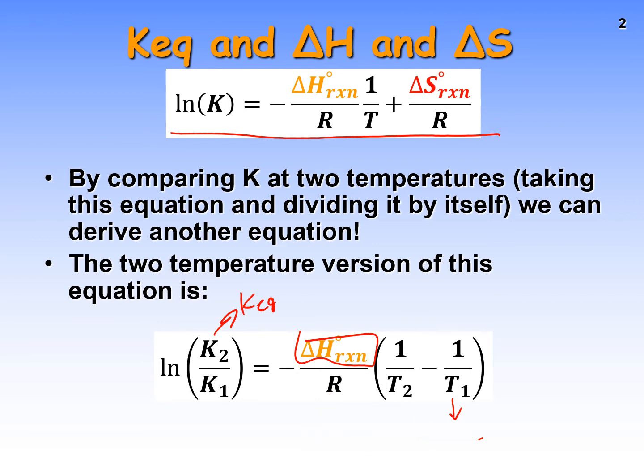Now, we can use this equation to solve for K at a different temperature if we know it at one temperature, or if we know both the delta H of the reaction and the delta S of the reaction, we can solve for what our equilibrium constant is at any temperature we want, which is super useful.